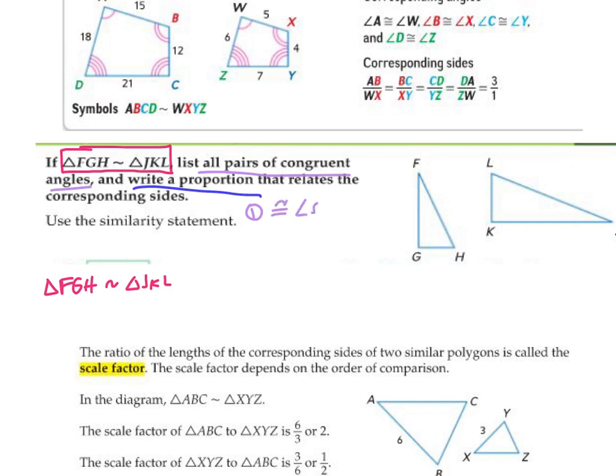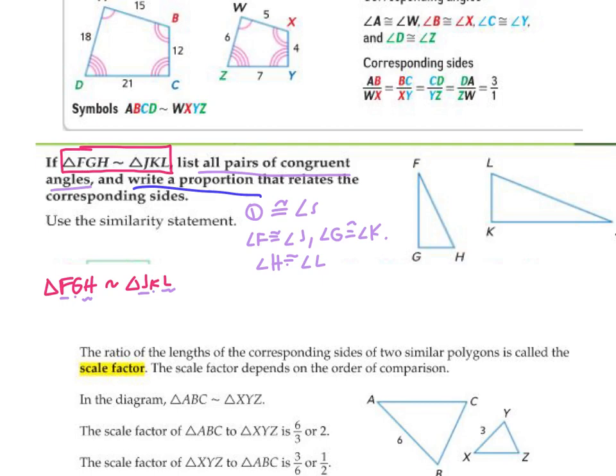We're going to say that angle F corresponds with angle J and is congruent. Angle G is congruent to angle K, and angle H is congruent to angle L. I'm just pulling that straight from my similarity statement.